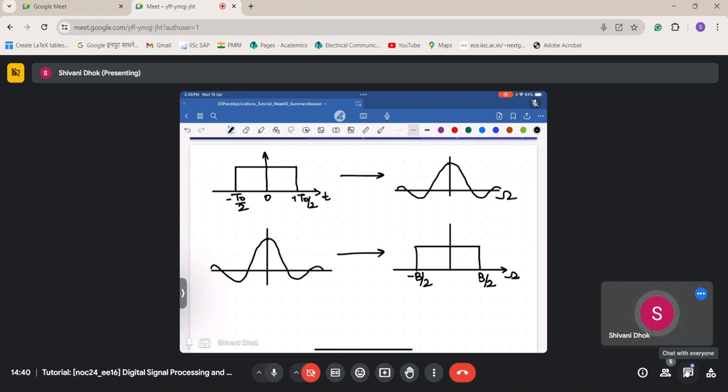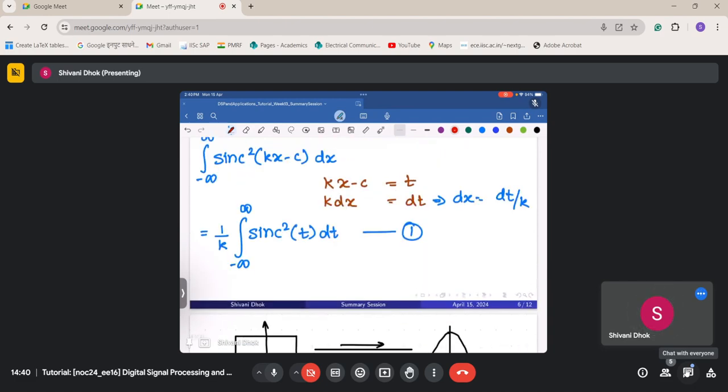So now what we'll do is we'll take up this thing. I'm having this sinc of t here. So this thing here I can write as 1 by k integral minus infinity to infinity sinc of t into sinc of t dt, which is equal to integral minus infinity to infinity mod, the absolute value, of this thing. This equation is equivalent to that because sinc is a real function.